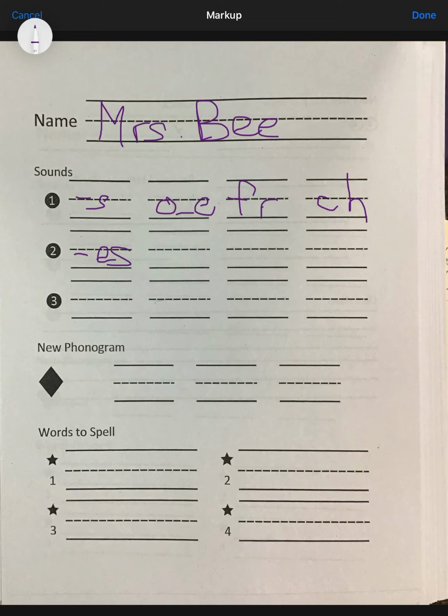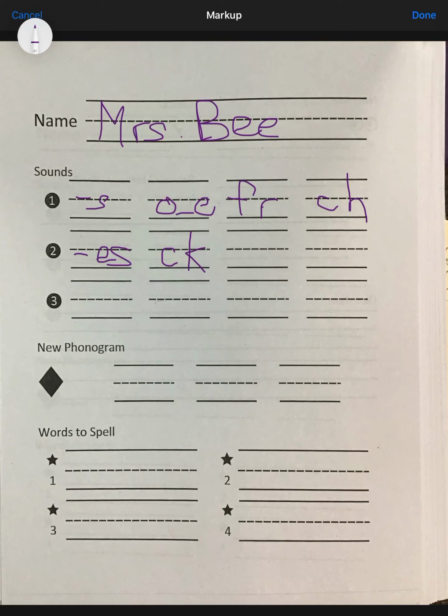What makes the sound K like duck? C-K, duck. How do we make that long A sound that we have learned?